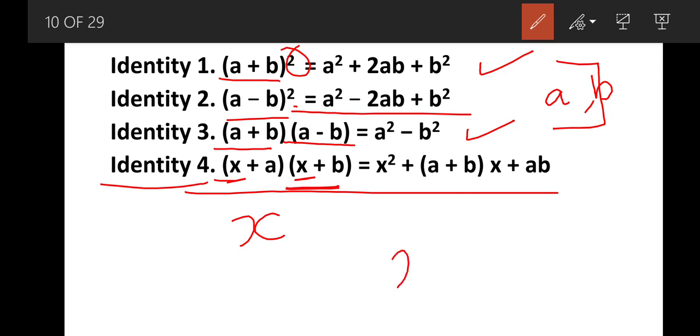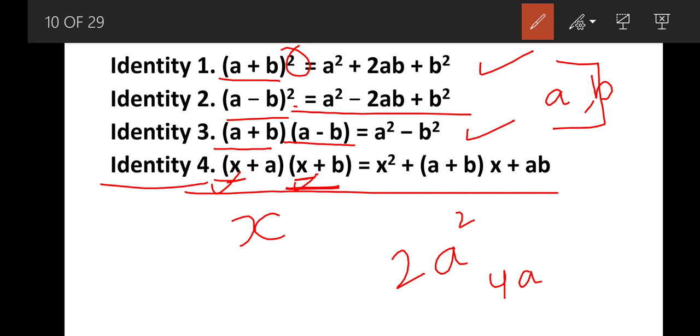It can be 2a square, it can be 4a, any term in place of x. It is not mandatory that x will be present. In place of a and b, obviously any term can be present, but this x should be the same in both the brackets. (x plus a) into (x plus b) is equal to x square plus (a plus b) into x plus ab.